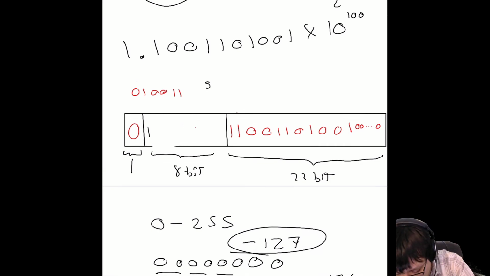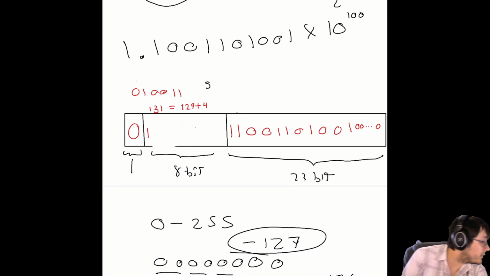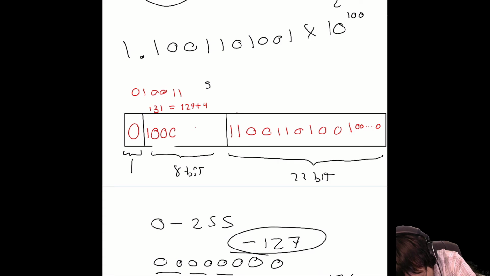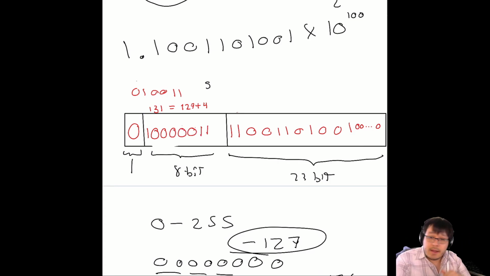We're trying to put in here 131 because that is equal to basically 127 plus 4. So that is a 1, and then there are 5 zeros, 1, 2, 3, 4, 5, and then 2 ones. That is going to be the exponent that represents 2 to the 4th power because of the bias.